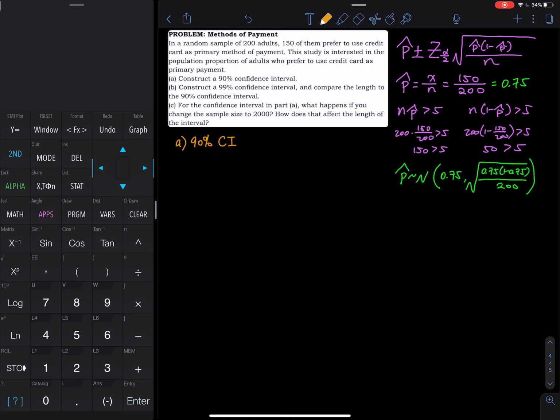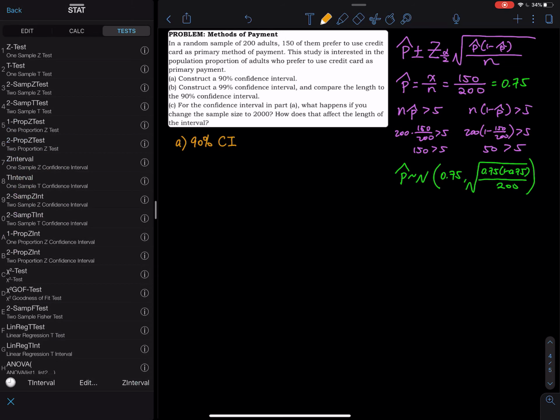All right. And then the next thing that you will have to do is construct a 90% confidence interval. So let's go straight to our calculator. You have to go to stat, and then you go to test. Where is 1 proportion z interval? In my calculator, that is in line 8, the letter A, just right below 2 sample t interval.